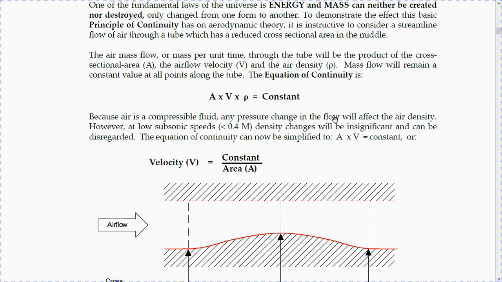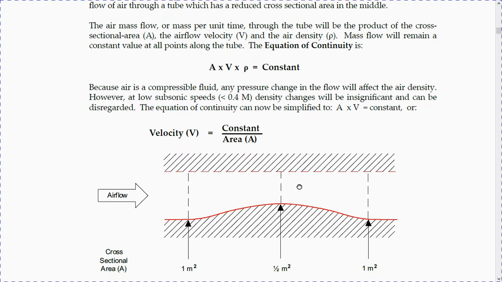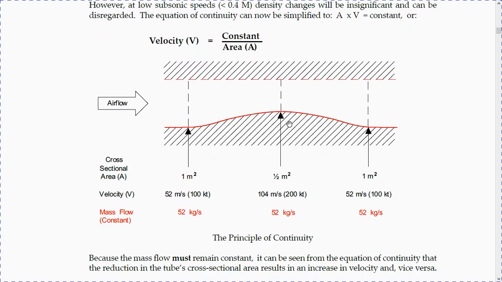So the constant is the mass flow, kilograms per second. And now we can say the speed is equal to this constant of kilograms per second divided by the cross-sectional area. So as we can see here, this is the mass flow constant.